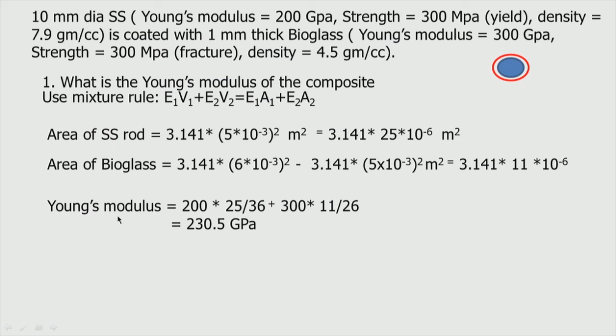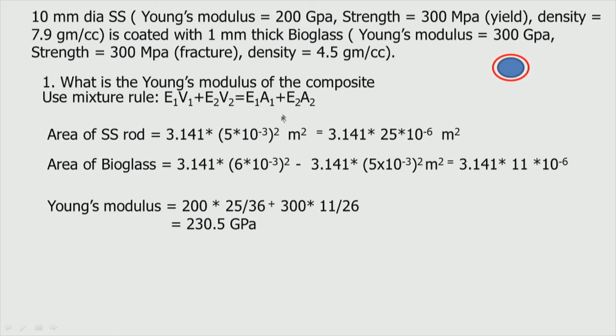So, the Young's modulus we can calculate using the area fraction, right. 200 is for the stainless steel, 25 is the area divided by 25 plus 11, that is 36, the total area.